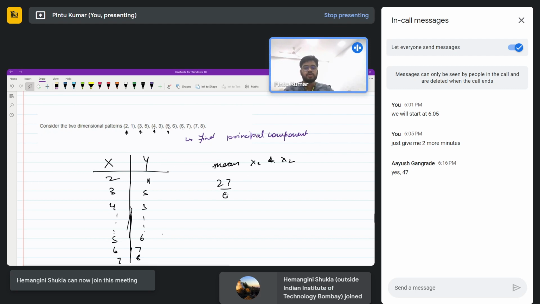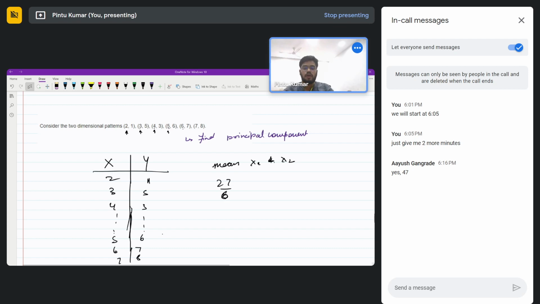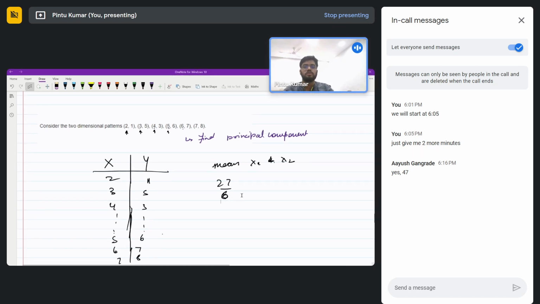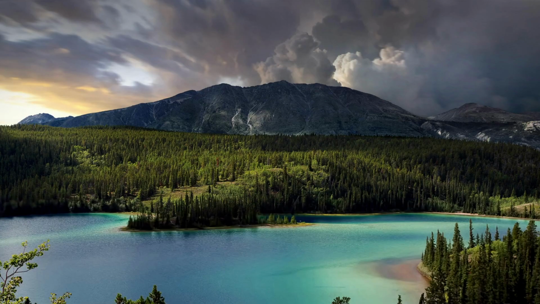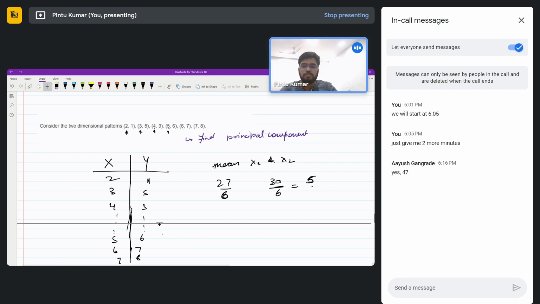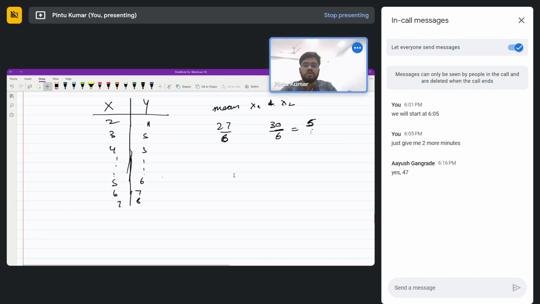Can someone tell me what is the mean of y? 30, sir. Is the sum 30 or the mean is 30? The sum is 30. So the mean would be 30 by 6, which is 5. The calculation has already started to become non-trivial.